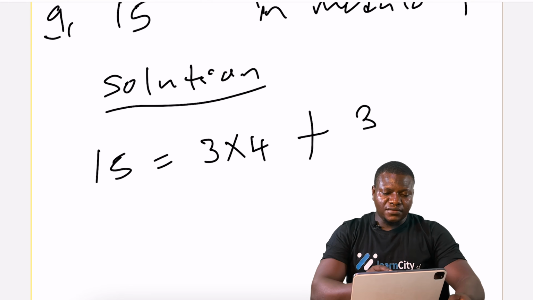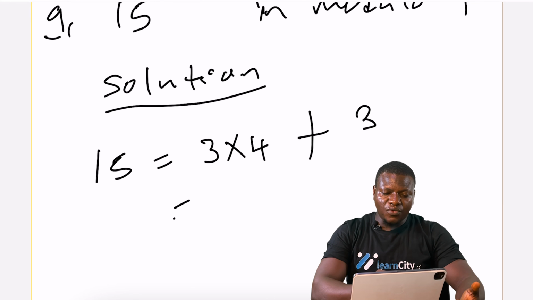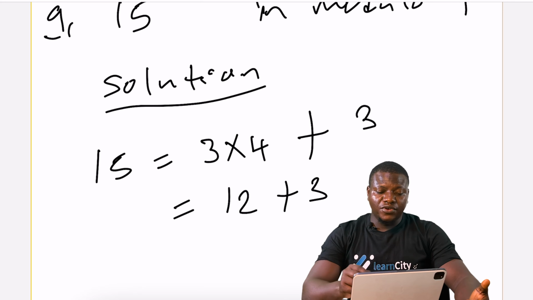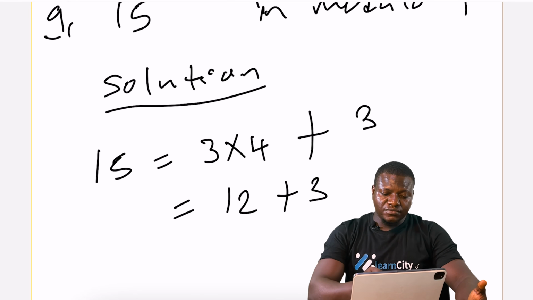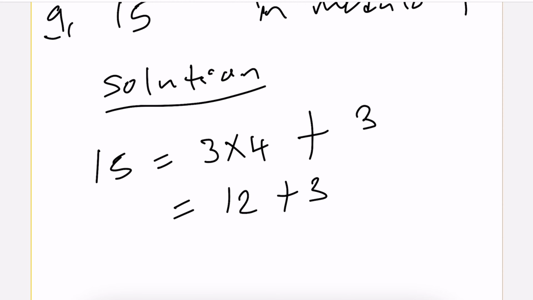Our 4 will go into 15 three times. So 3 times 4 is 12, and 12 plus 3 gives us 15. Because 12 is a multiple of 4, we forget about 12, so our answer will be 3 modulo 4.